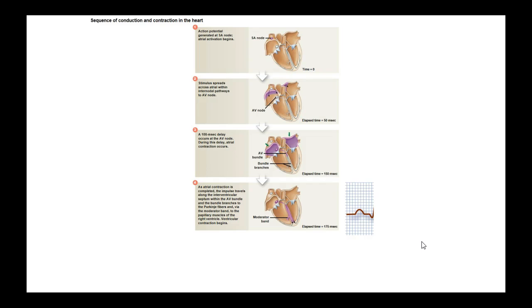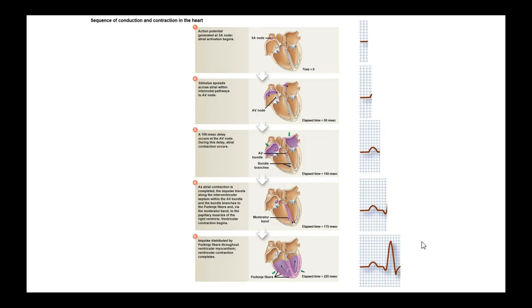So that's the Q wave. Now, as the electrical impulse spreads, it spreads through a whole bunch more tissue. The more tissue that gets depolarized, the larger the electrical signal. So not surprisingly, how does that represent on the ECG trace?